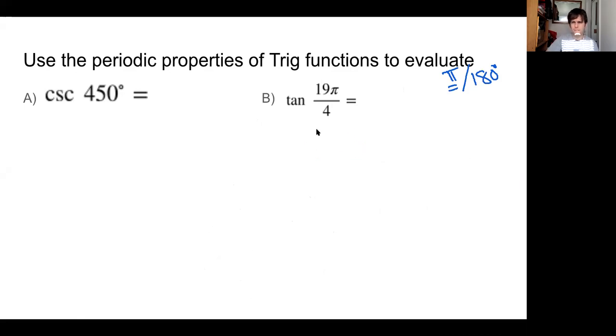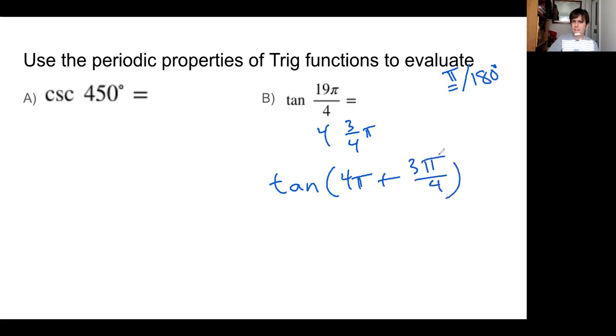Or another way to write that would be the tangent of 4 pi plus 3/4 pi.